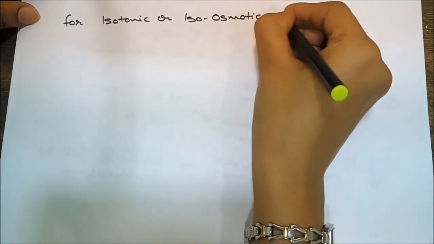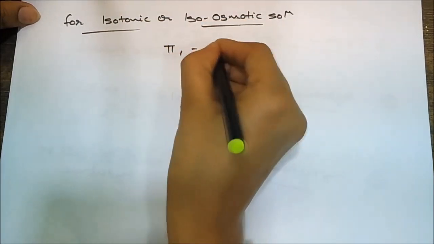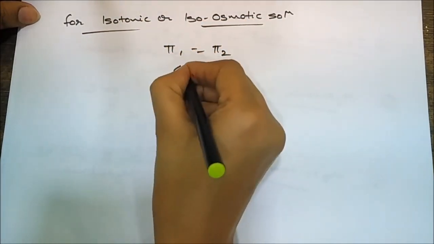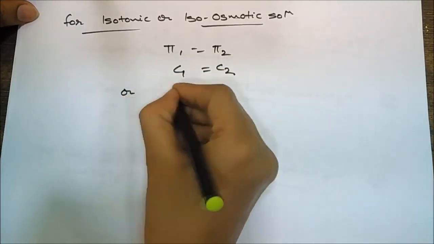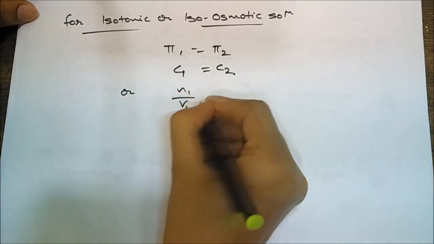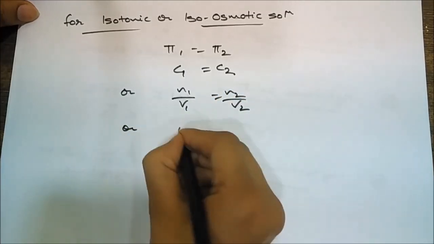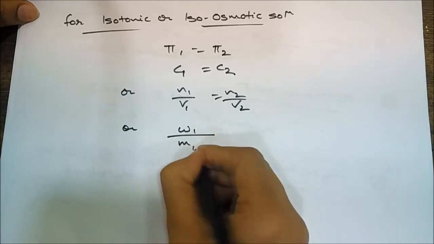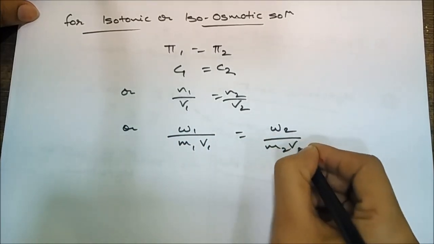So pi 1 will be equal to pi 2, or concentration C1 will be equal to C2, or we can write N1 upon V1 equals N2 upon V2, or we can write W1 upon M1 V1 equals W2 upon M2 V2.